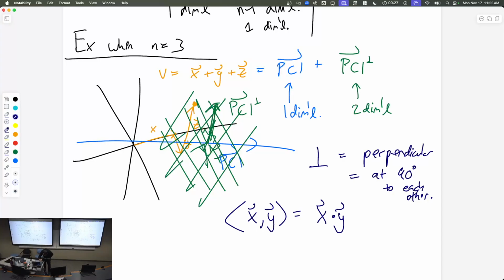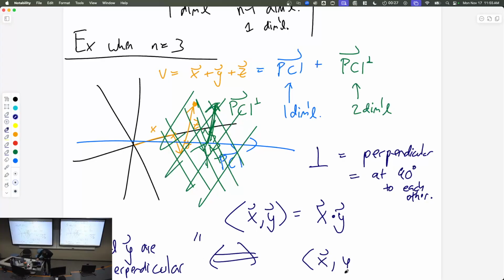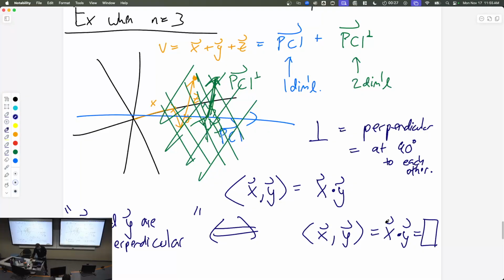That x and y are perpendicular is the exact same statement as x dot y equals a very specific value. They're perpendicular if and only if their dot product is what? Someone said it just now. 0, exactly, yes. If their dot product is 0, that means they are perpendicular.